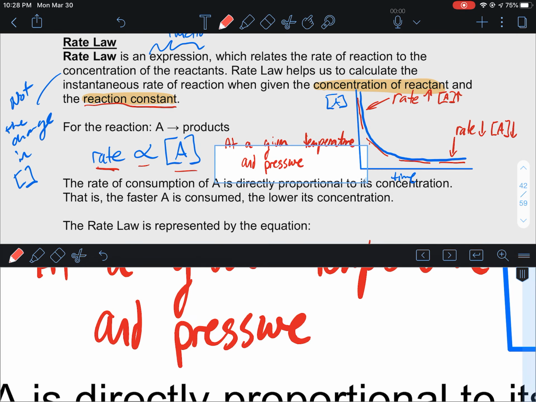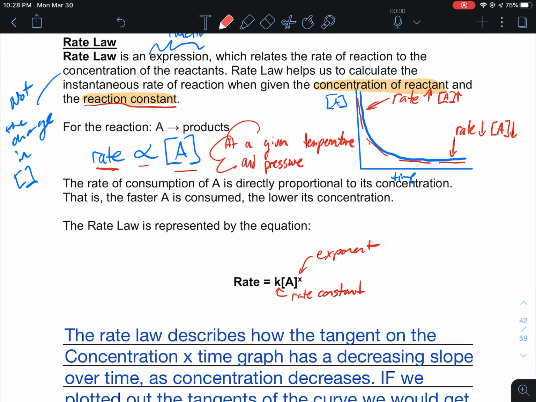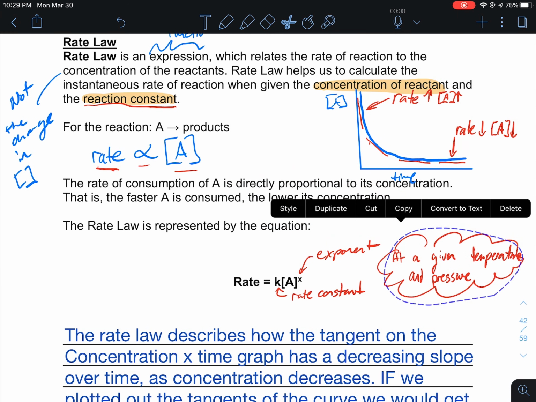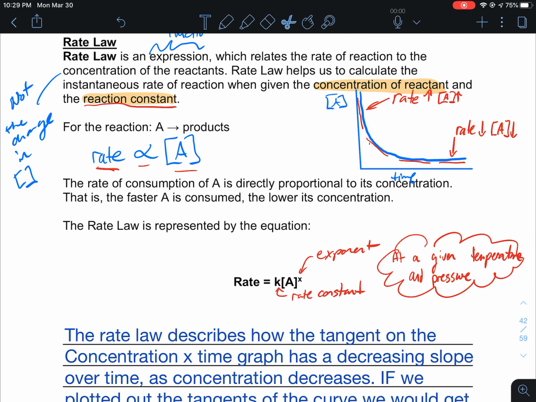Provided you know the temperature and pressure of your system, you'll have a general idea as to the proportional relationship between these. So this proportion stays the same, at some constant, at any given temperature and pressure.